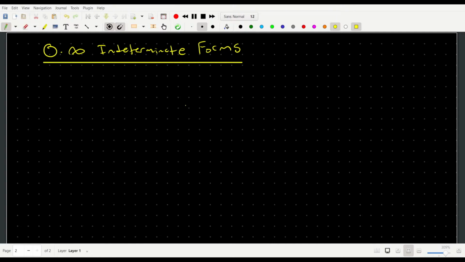So the idea here is that we're going to be looking at a limit of the form: limit as x goes to x naught of some function h of x times some function, we'll call it L of x.